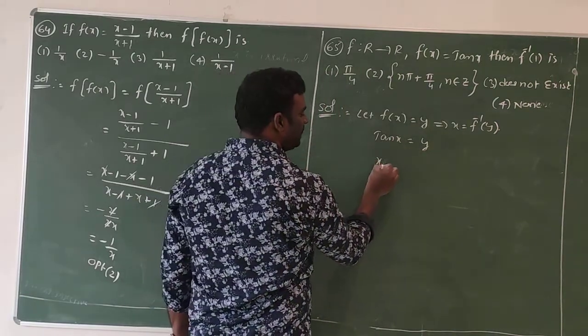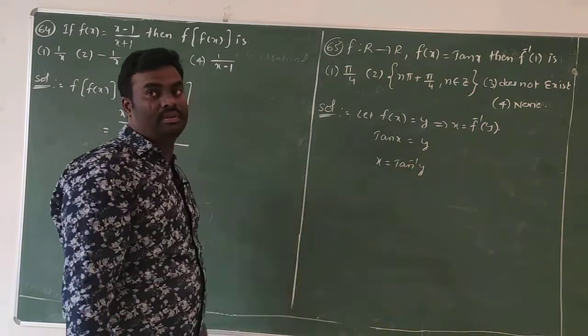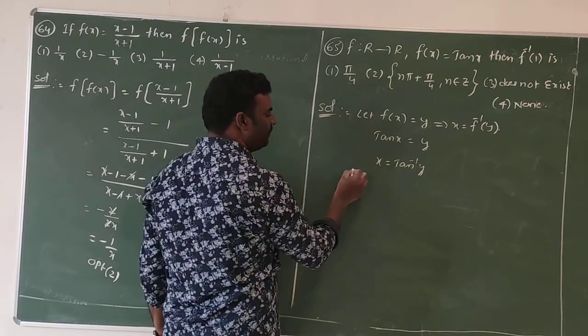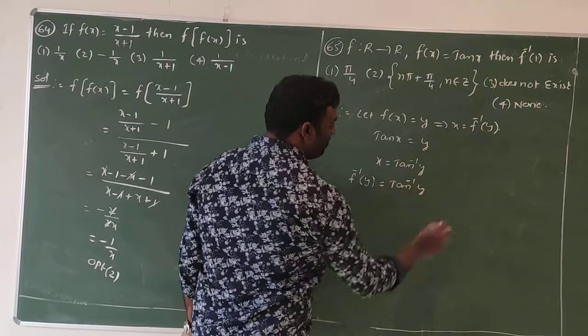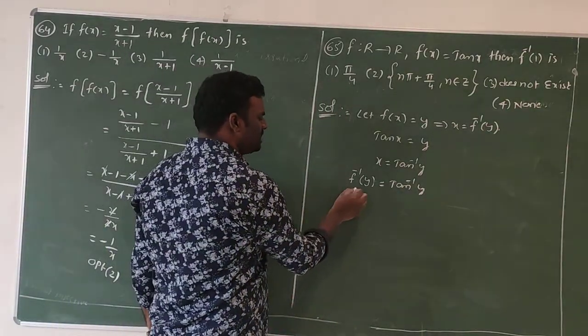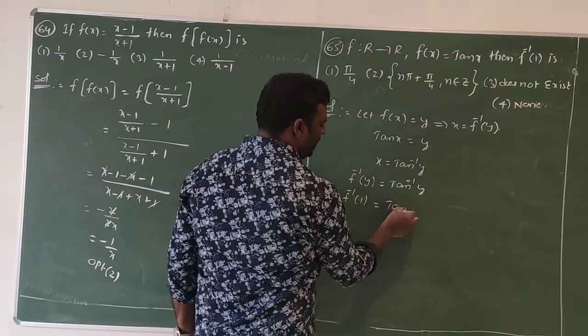From this you can get x equals tan inverse of y. Instead of x, you substitute f inverse of y. So f inverse of y equals tan inverse of y. But in the question they asked f inverse of 1, means in place of y substitute 1. That equals tan inverse 1.